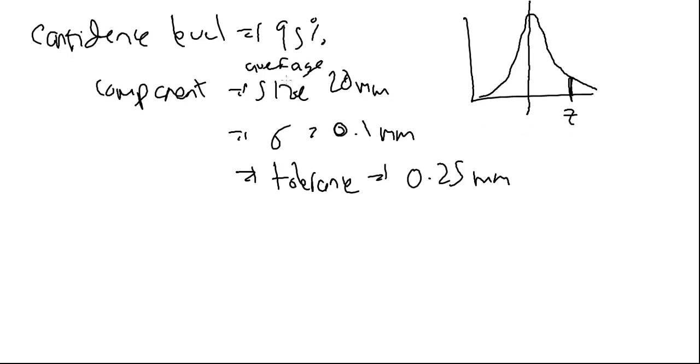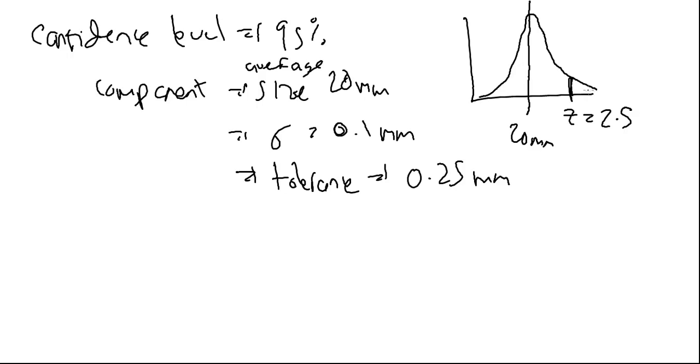So we know the average size is 20 millimeters in this example, and then we go, how many standard deviations away am I interested in? Our standard deviation is 0.1 millimeter, the tolerance is 0.25, so the Z of interest is 2.5.